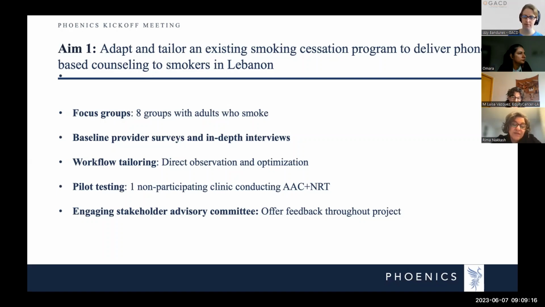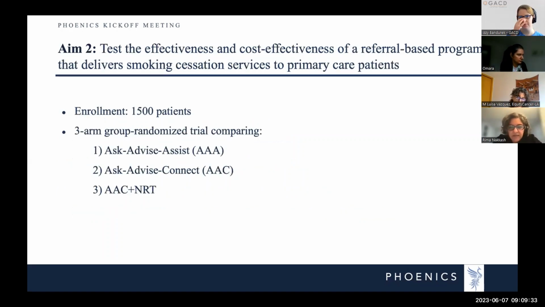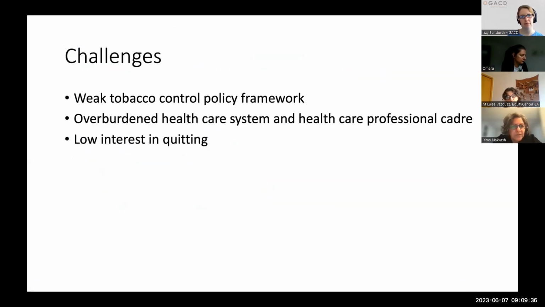Interestingly, now with just initial findings from the focus groups, we've learned, and we sort of predicted this because of our knowledge of the policy context, that what smokers are saying is the main challenge is the weak tobacco control policy framework.